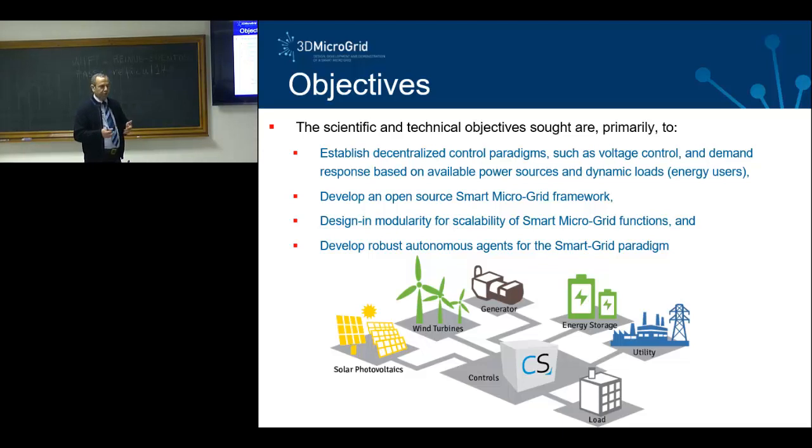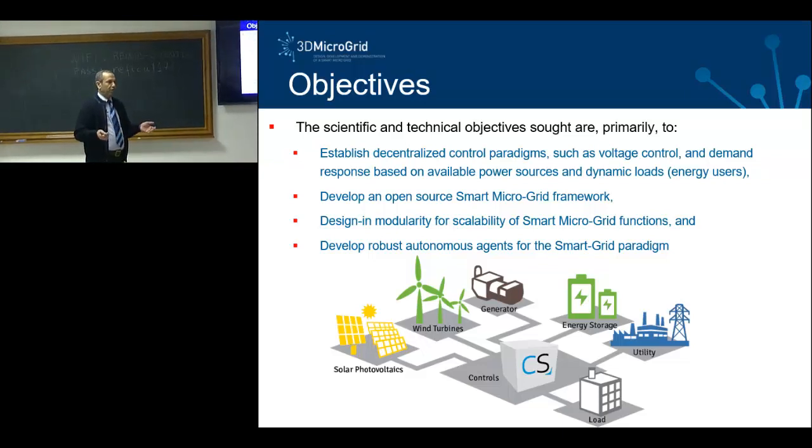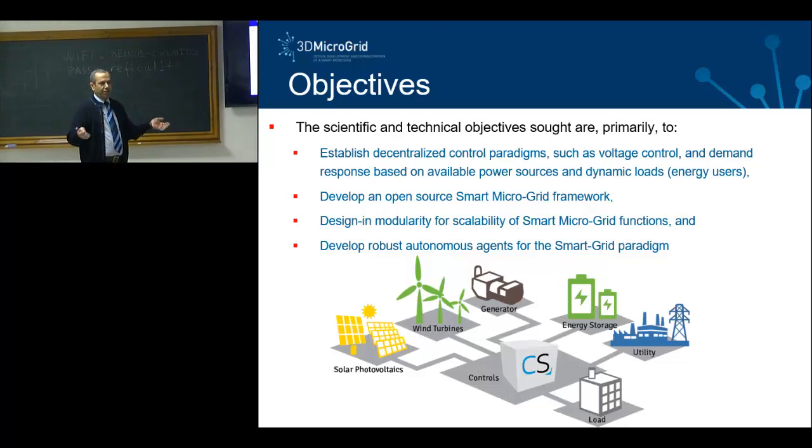And of course, you have to be connected to the grid because there are times you have excess power, and not all of it is put in the storage, and storage is very expensive to install on sites. So you can send it to the grid, and sometimes if you have a shortage of power because there is no wind, or maybe the sky is cloudy, so you don't really get much power, you get power from the utility.